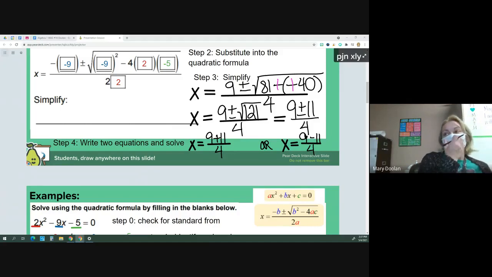The only difference between those two equations is the operation in between 9 and 11. 9 plus 11 or 9 minus 11. Those are the two possibilities.